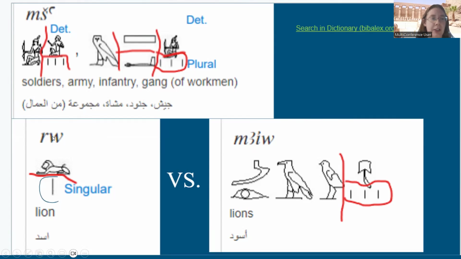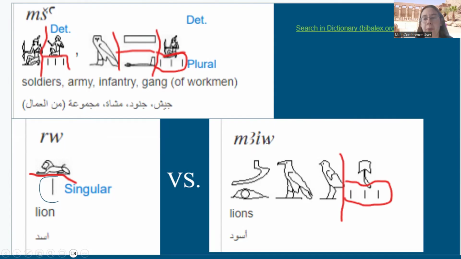This lion is that ru. And then you don't have the plural strokes, but just the singular stroke. That line tells you that whatever this word means, it's one of something. It's not plural. And in this case, there's no determinative.